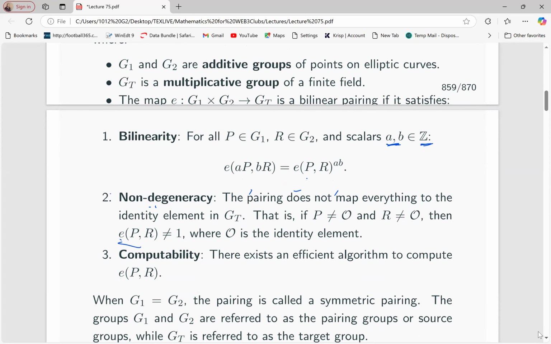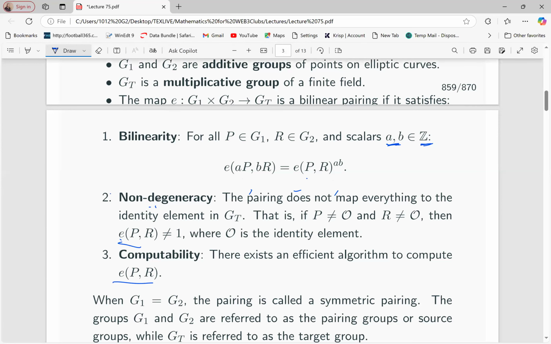Then the last property that it must fulfill is the computability property. What this means is that if it has to be a bilinear pairing, then there must exist an algorithm that can compute it.